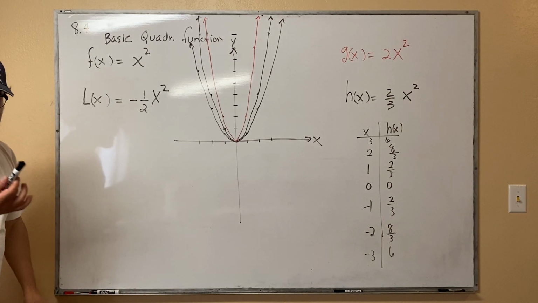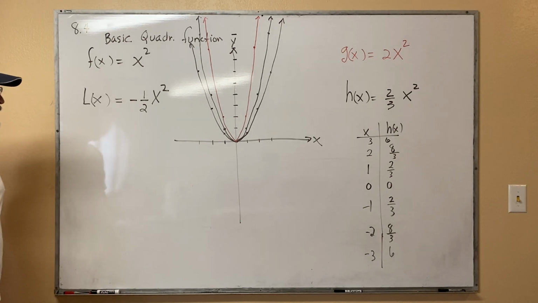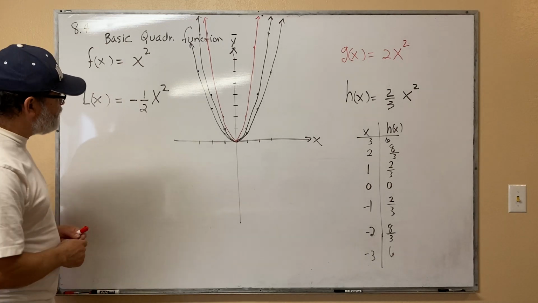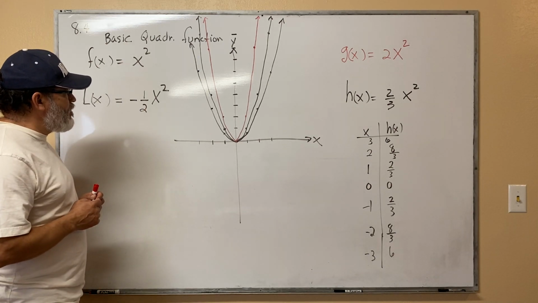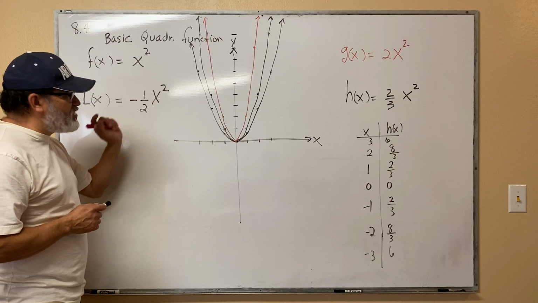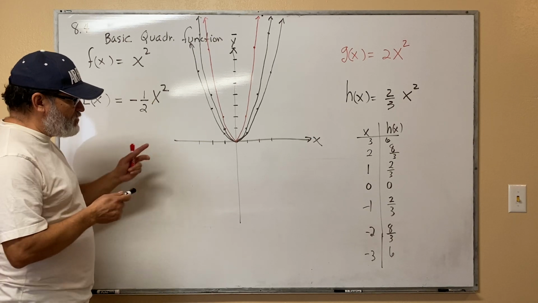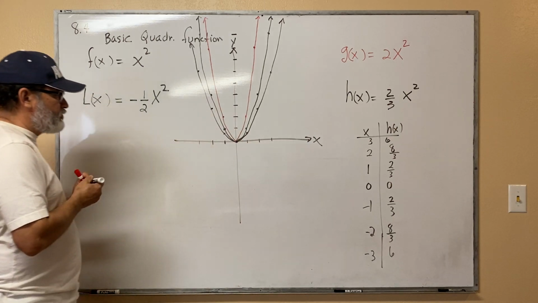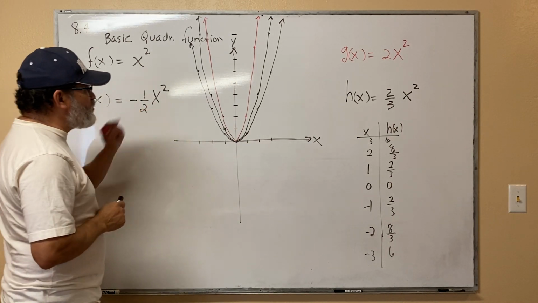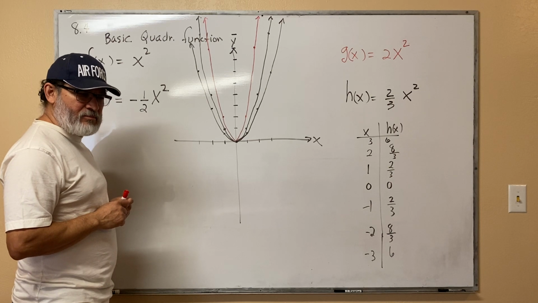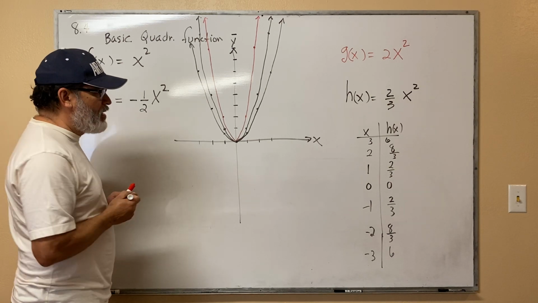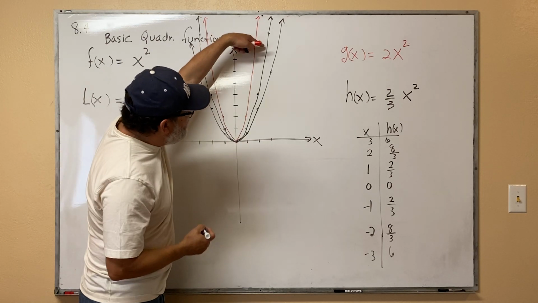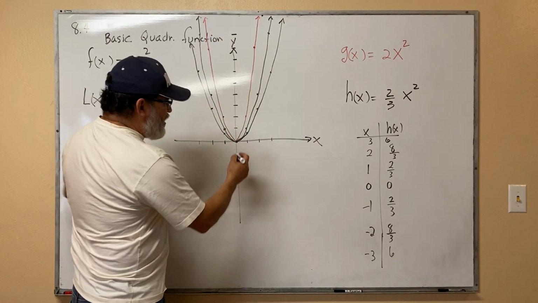I wish I had a different color, but I don't. Watch what's going to happen. If x is 0, this is 0. The vertex, same vertex. If x is 1, don't forget, the middle one is the basic parabola.